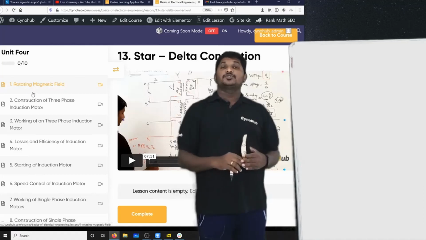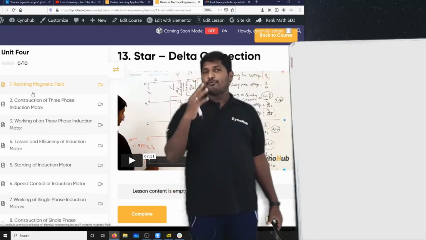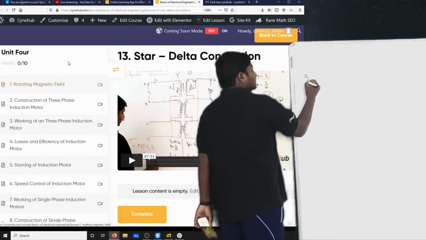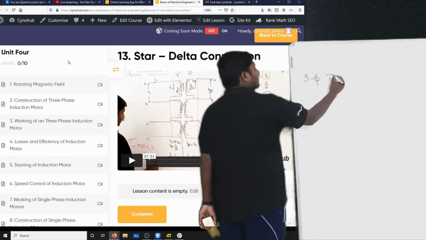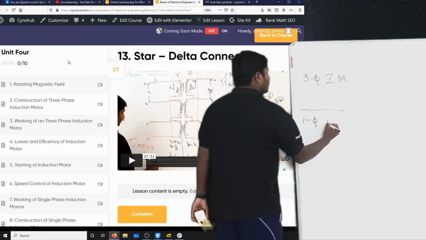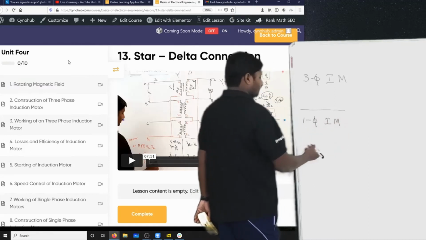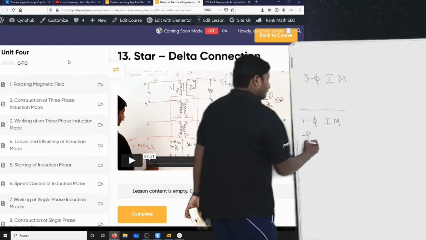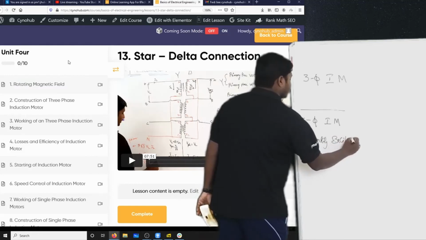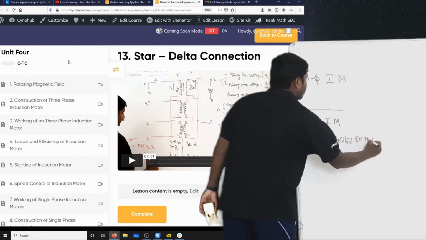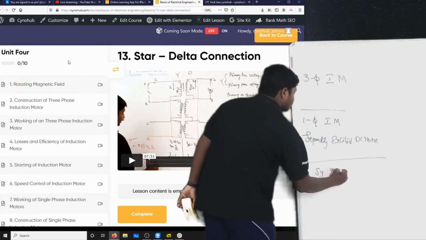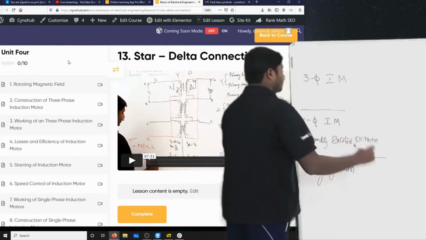So now I will go to unit number 4. Unit number 4 is having 4 electrical machines. Okay. So one is 3-phase induction motor, another one is single phase induction motor, another one is separately excited DC motor, and another one is synchronous generator.